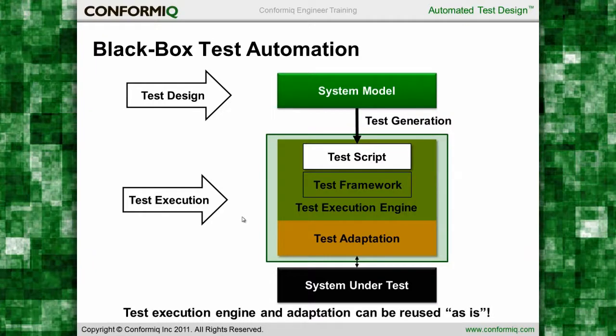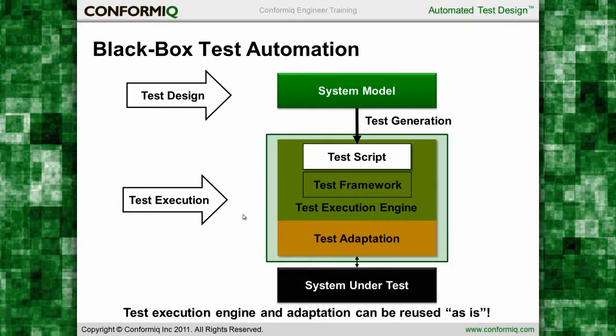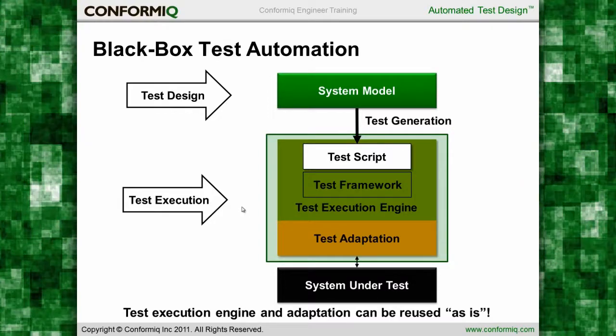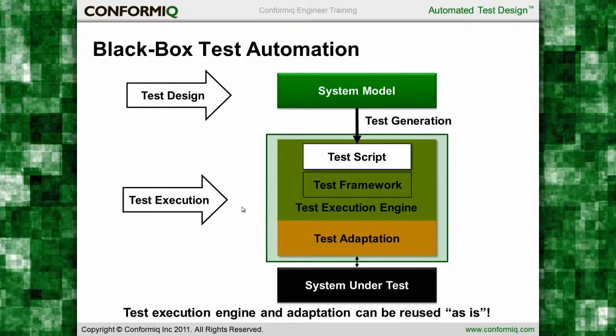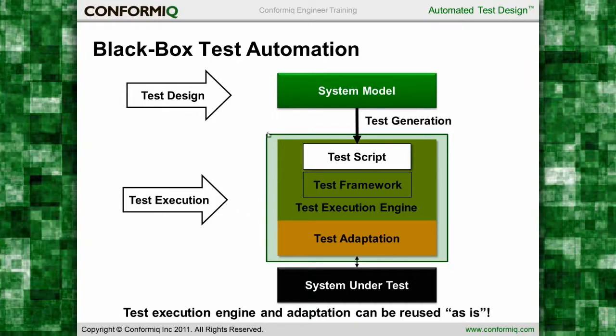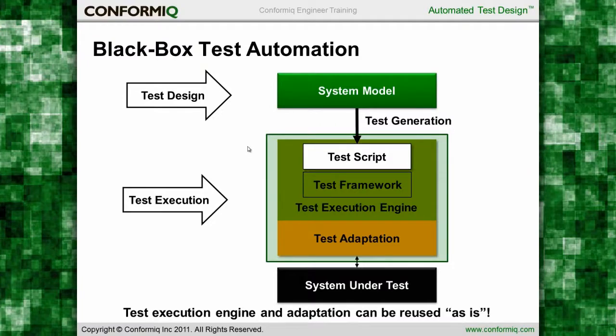So if you already have invested in automating your test execution, this investment can still be used when you introduce automated test design. It just sits on top of the existing test execution automation system.